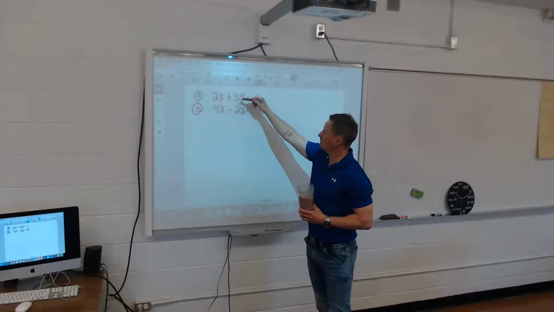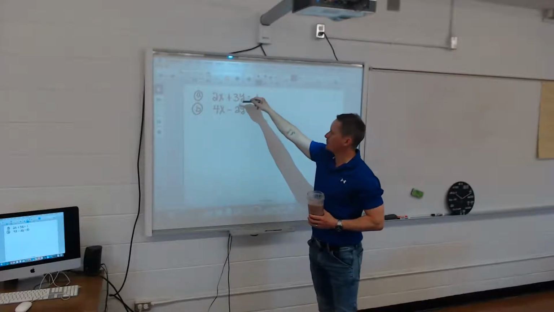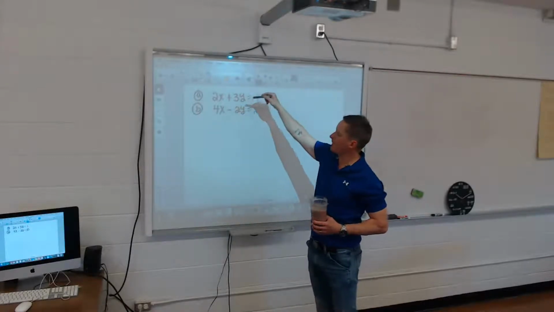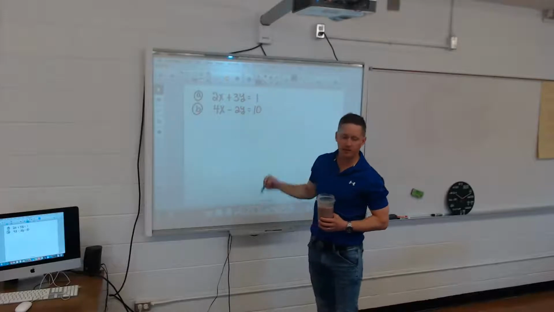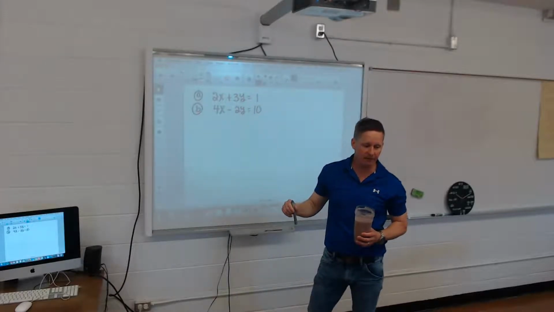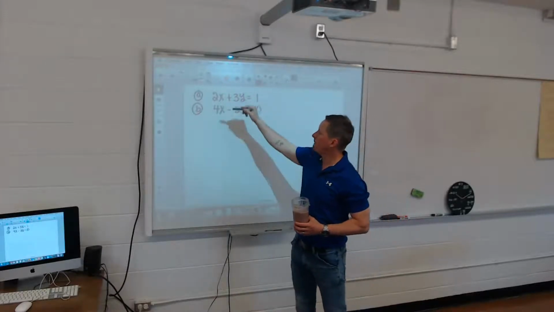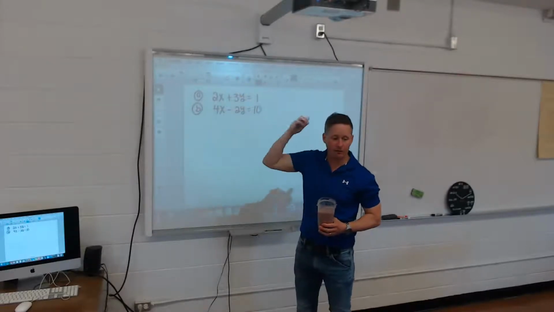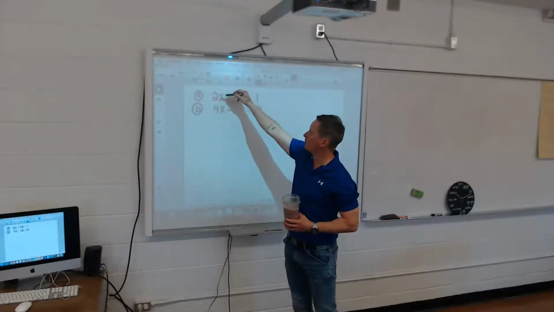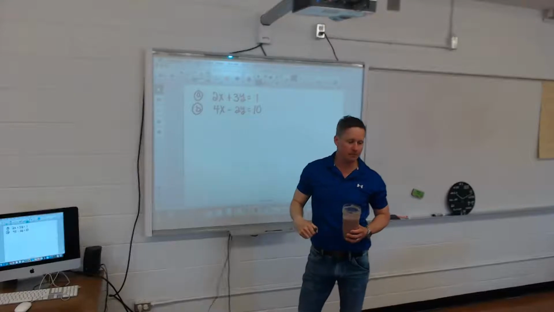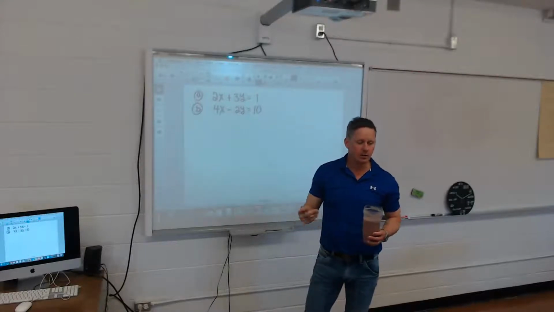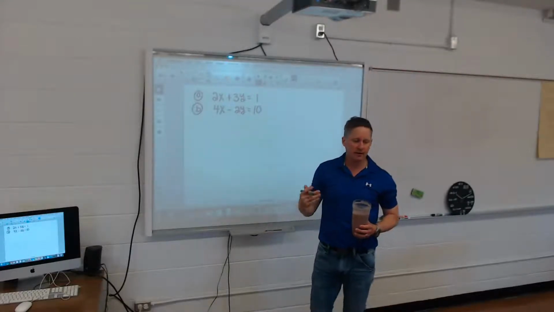So I look at this. If I wanted to get rid of the y's, I'd have to multiply this by 2 and this by 3. That's easy enough. If I was to cancel out the 2x and the 4x, I would have to multiply this by -2. Also easy. So whichever one you want to use is fine.